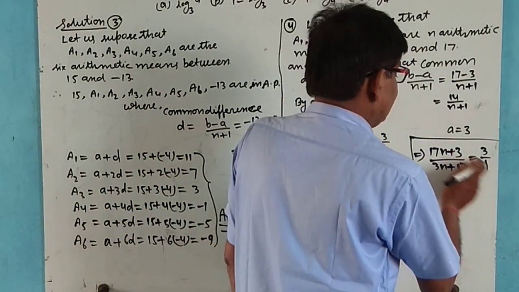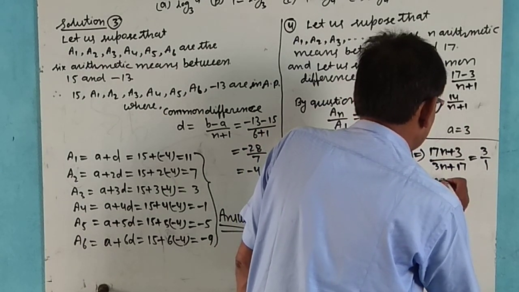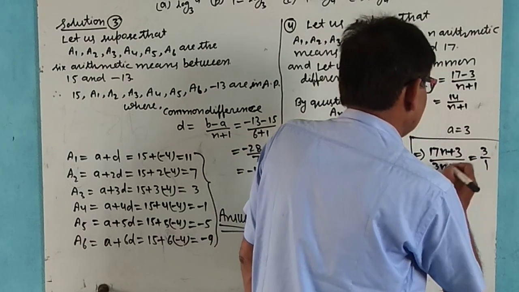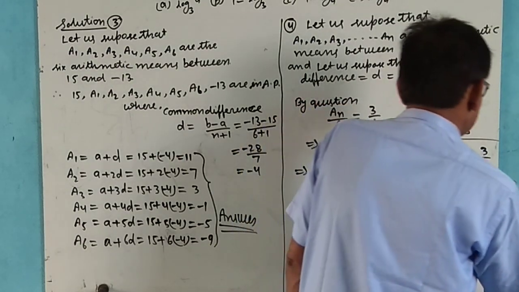By cross multiplication, 17n plus 3 equal to 9n plus 51.